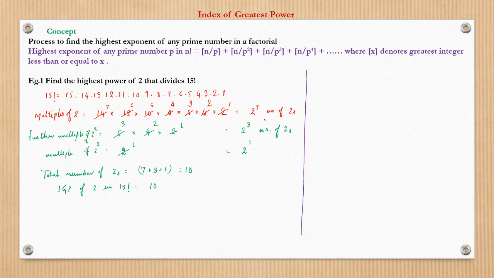So see here, what is this? This can be written as, here it was nothing but the first multiple of 2 raised to power 7.